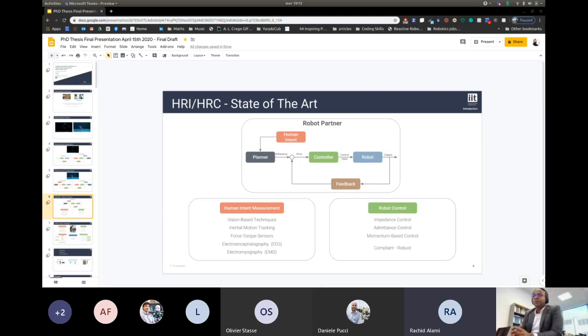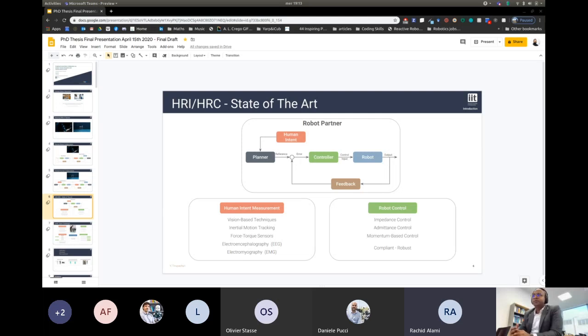There is the human intent which corresponds to the global task: what does the human want the robot to do? And the second level of human intent, which is more local, is the assistance or disturbance of the robot while it is doing its task, and the adaptation of the human in it.